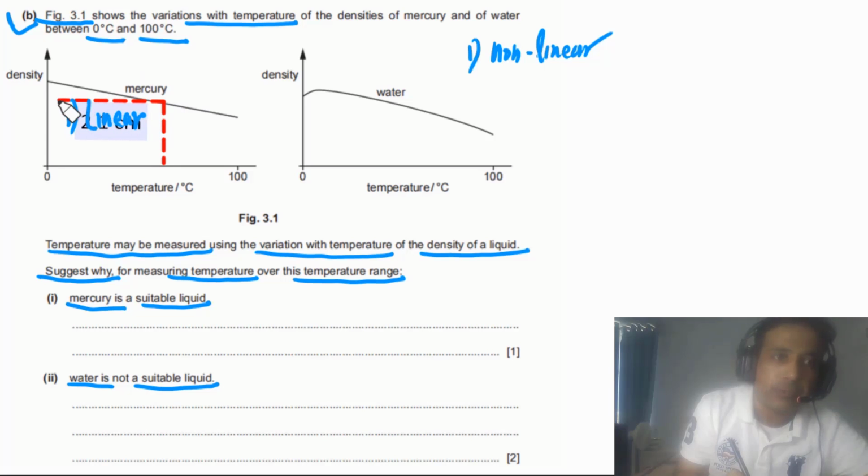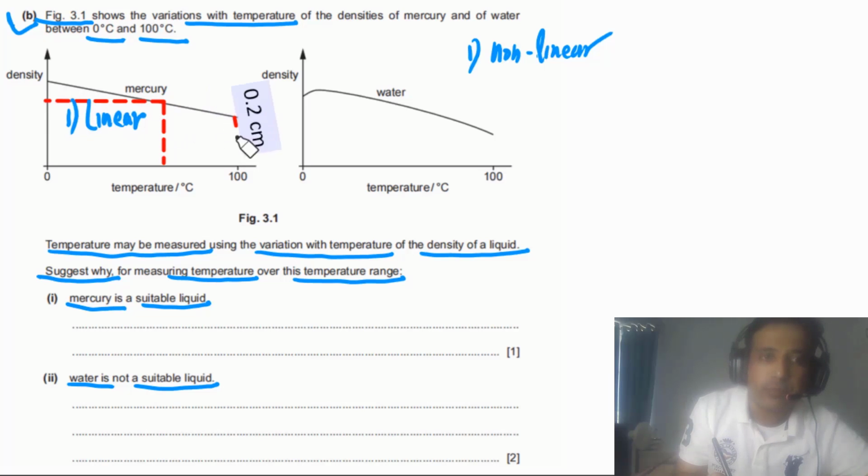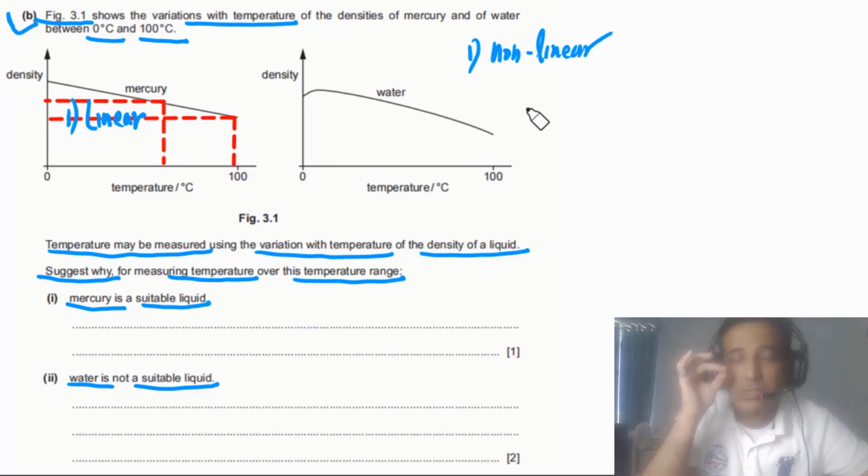at each temperature. So here we have one value of temperature, one value of density, and if we pick another point, let's say if we pick this point, at this point it has a certain value of temperature and it has a certain value of density. It simply means that each value of density is unique at a certain temperature.